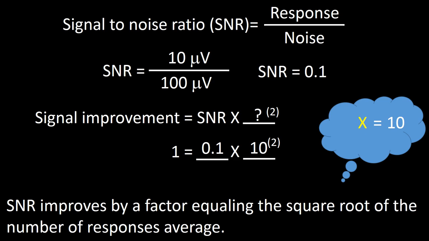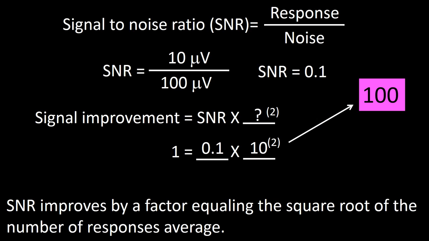Thus, the signal has to be squared, therefore 10 squared. So in this case, to bring the ratio to 1, we will have to give 100 trials.